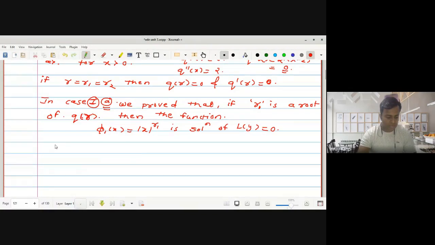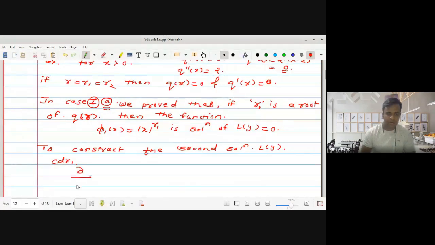Okay, now to construct the second solution of L of y, we have to find phi 2 of x now. Okay, consider dou by dou r of L of x raised to r.